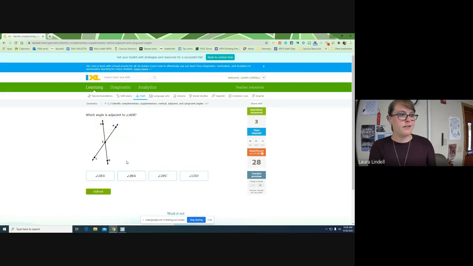All right, which angle is adjacent to AEB? So here's AEB. In this picture, there are two angles that are touching angle AEB, right? We've got this one here, and we have this one here. Is this one where you can pick multiple? Nope, it's only a single choice.